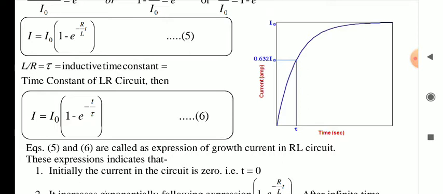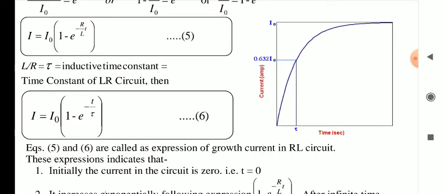On plotting a graph of time in seconds against the magnitude of the current along the y-axis, the nature of the graph we obtain is a parabola. The steady current we call I naught.